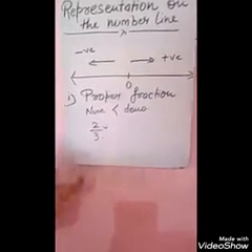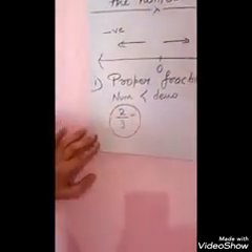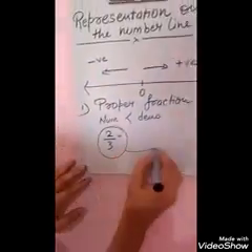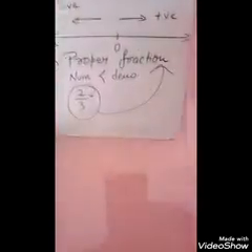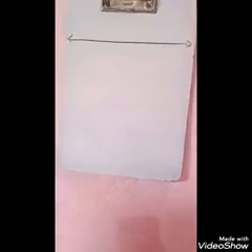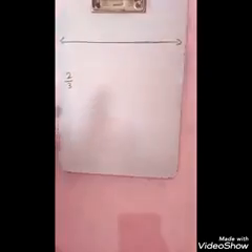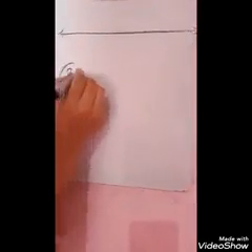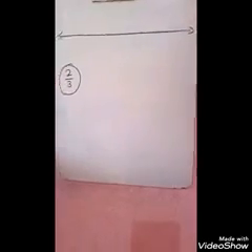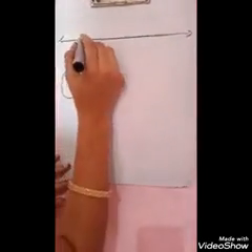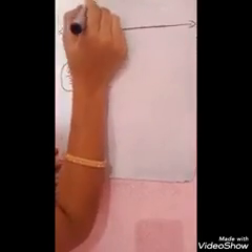Now we will see how we represent this 2 by 3, which is a proper fraction, on the number line. So students, this is your number line, and my number is 2 by 3, which is already a proper fraction. As you can see, this is a positive rational number, so obviously it will be on the right side of 0.